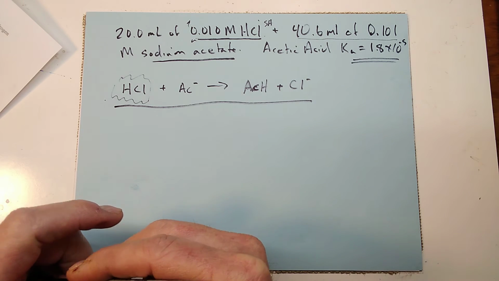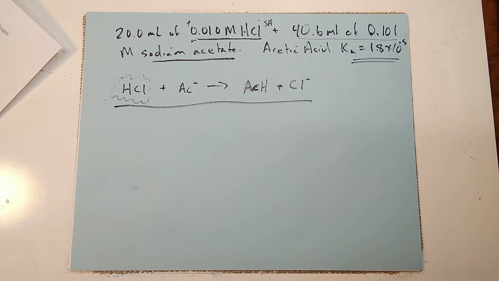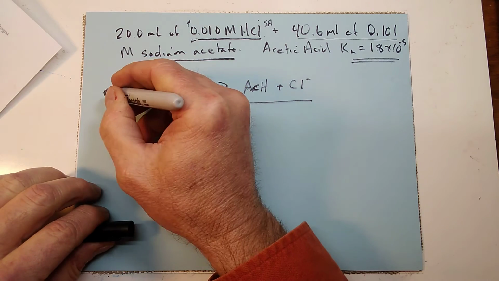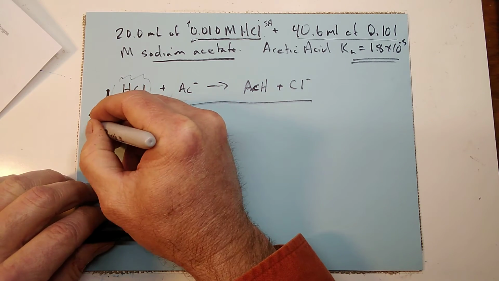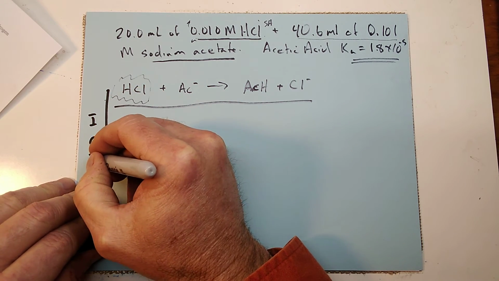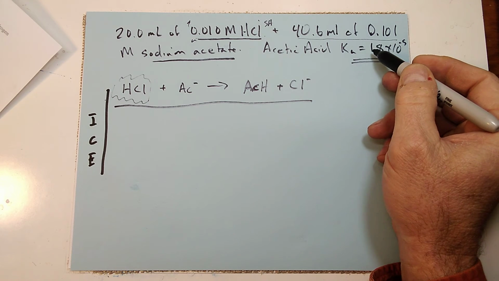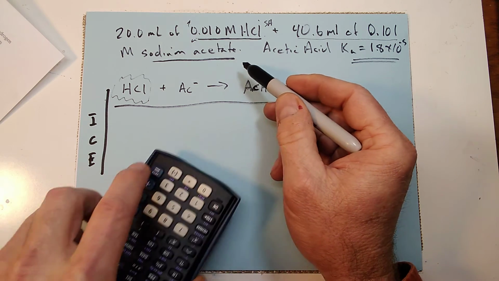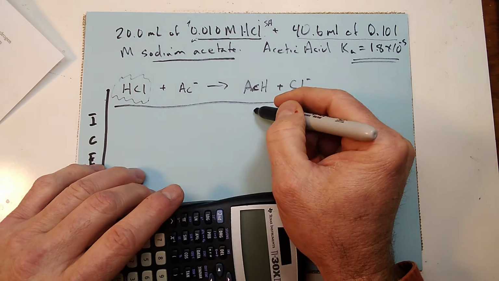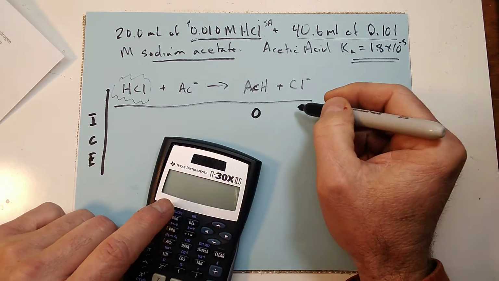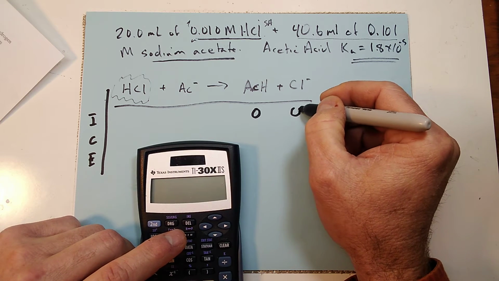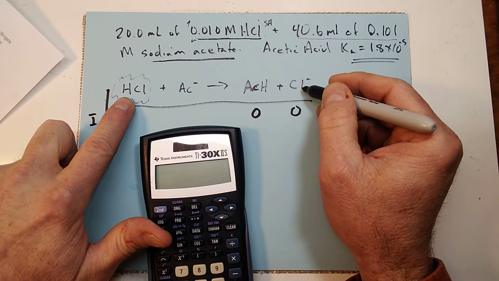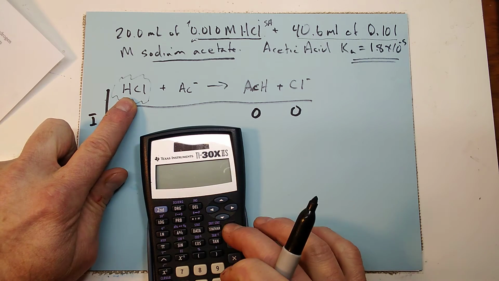Let's make an ICE table around this reaction that happens first. They give us the amount of HCl and also of the sodium acetate, the initial. We have a 0 amount of the acid, and initially a 0 amount of the conjugate base of HCl.